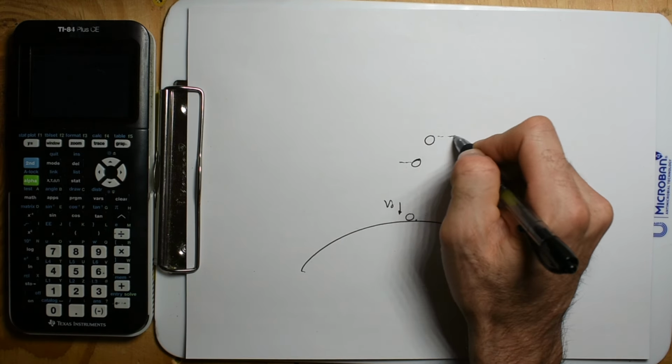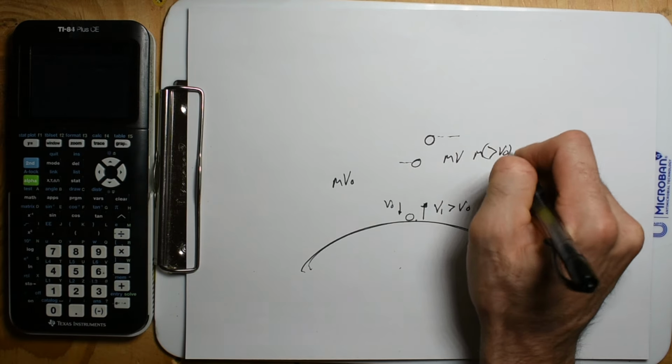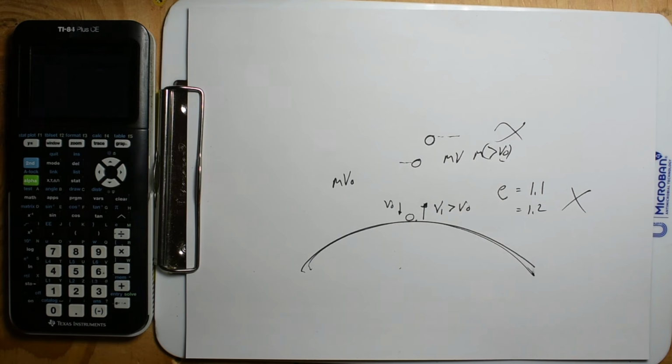You just can't have that, because linear momentum has to be conserved. You're coming in with mv naught. Sure, the mass of the Earth doesn't move, but then you can't leave with a momentum of m times something greater than v naught. You can't have that.